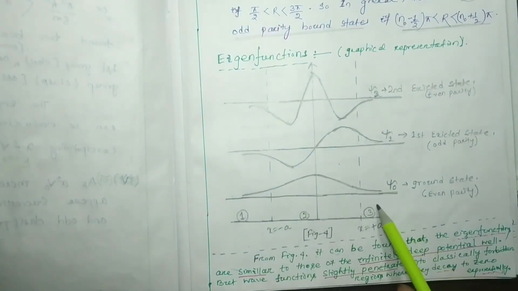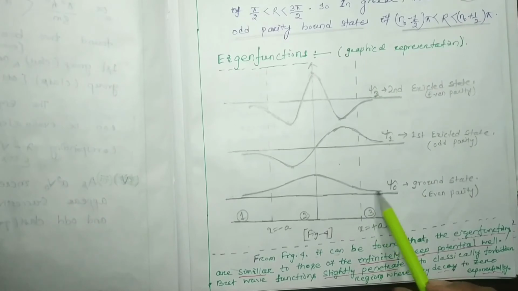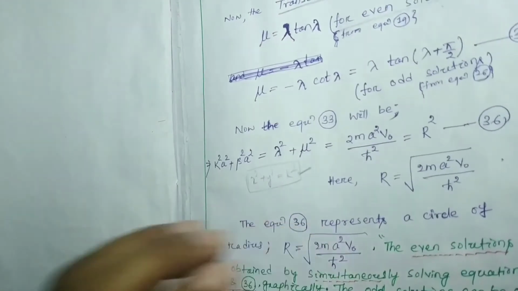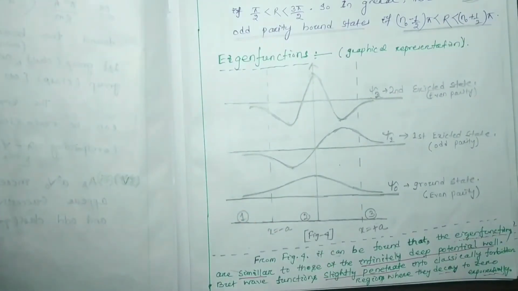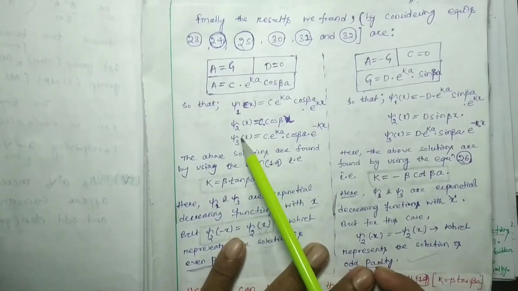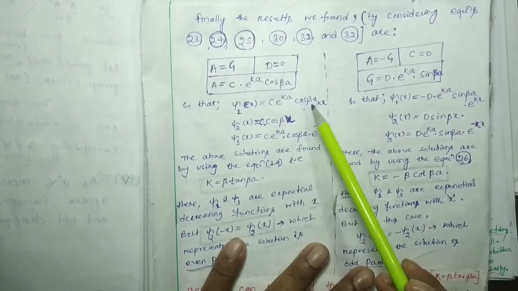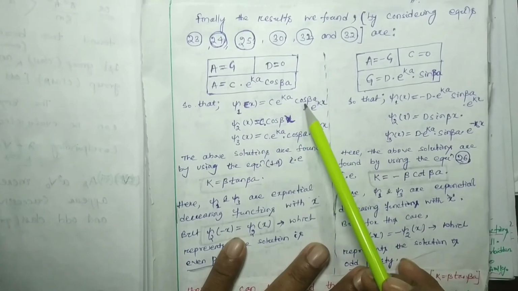Maybe classically it is forbidden, region 1 and region 3 both are classically forbidden, but we can get some probability of finding the particle in region 3 and region 1 also, because after solving we got the wave function, and it is decreasing. You can see this is the wave function. Here psi 1 and psi 3 we got a definite value. That means 100% we have some probabilities from the quantum mechanics point of view.